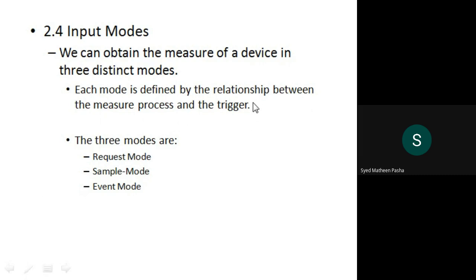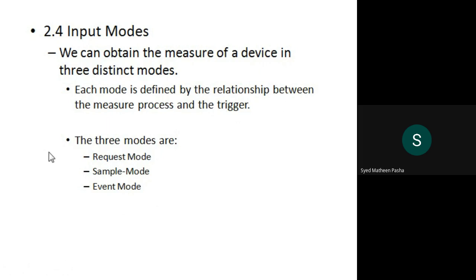If I take request mode as an example of an input mode, I can say this mode comes under the relationship between measure as well as trigger. This is the simple logic of the three modes.